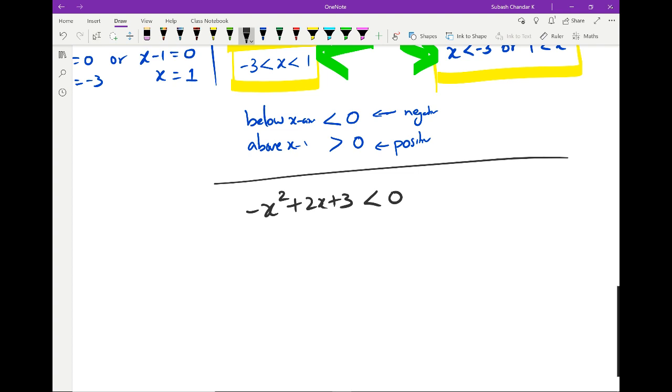So I'm going to take negative out as a common factor, -x squared. So that means this question ends up looking like this. All right, so then because it's negative, I can rewrite this as now x squared minus 2x minus 3 is less than 0.